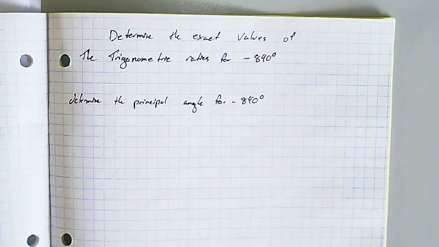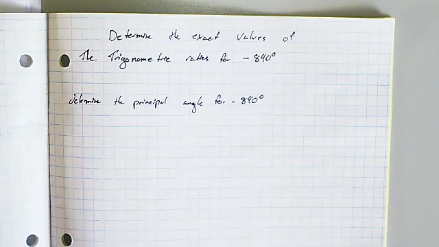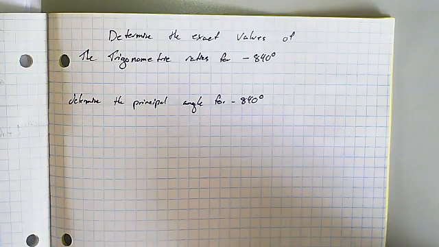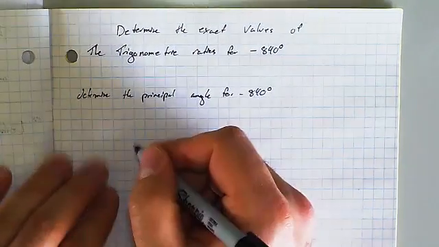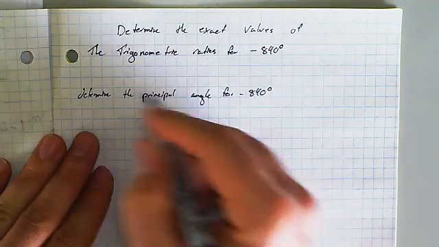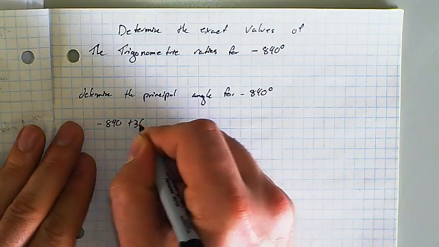So, determine the exact value for the trigonometric ratios given an angle of negative 840. This is why the principal angle is important, because you have to be able to graph this and find out which standard position angle you're dealing with. This is hard to do if you don't know a good angle. So what you're going to do is find your principal angle first.